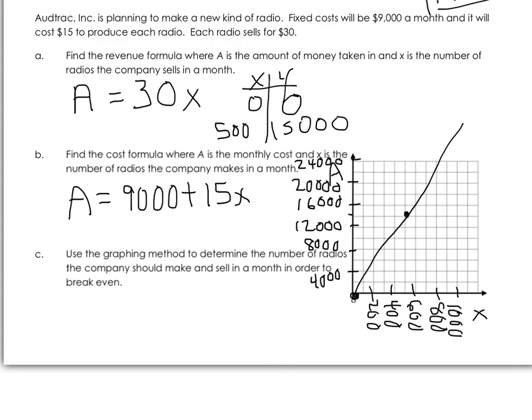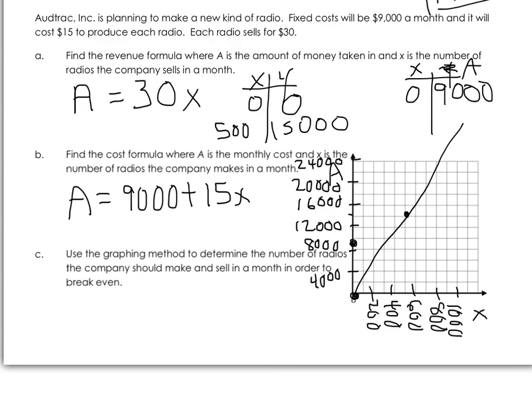What about our second equation? I need to plot some points for that one too. I know that if x is 0, y, or in this case, A, is $9,000. So 0, 9,000.